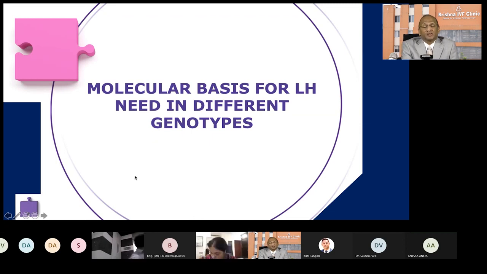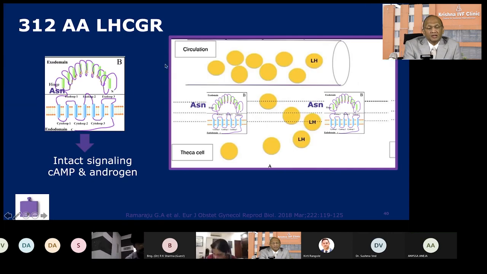What is the molecular basis for LH need in different genotypes? In 312 A by A, you have an amino acid called asparagine, which at the granulosa cumulus cell interface does not impact the signaling of cyclic AMP and does not tamper with the androgen.